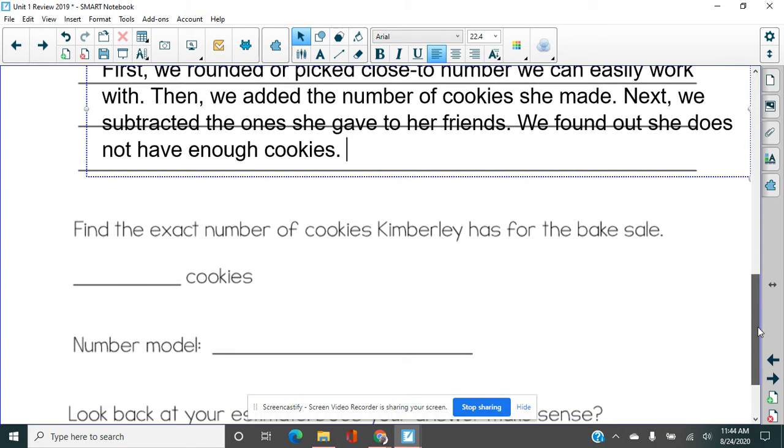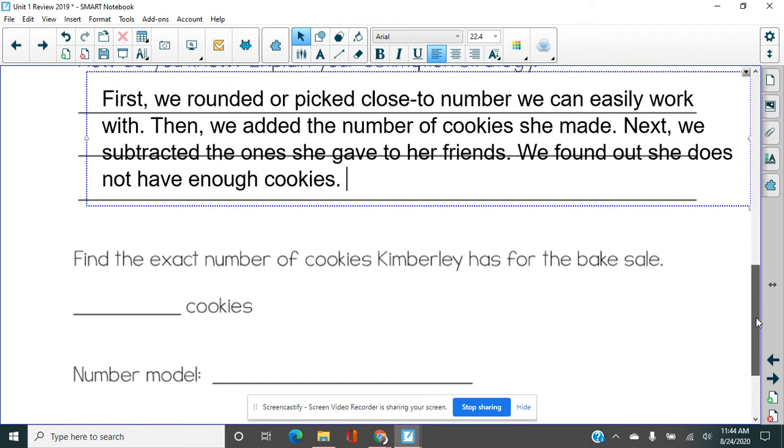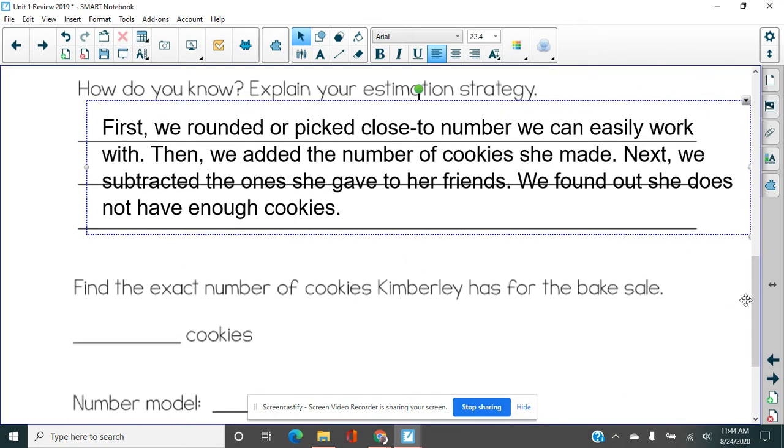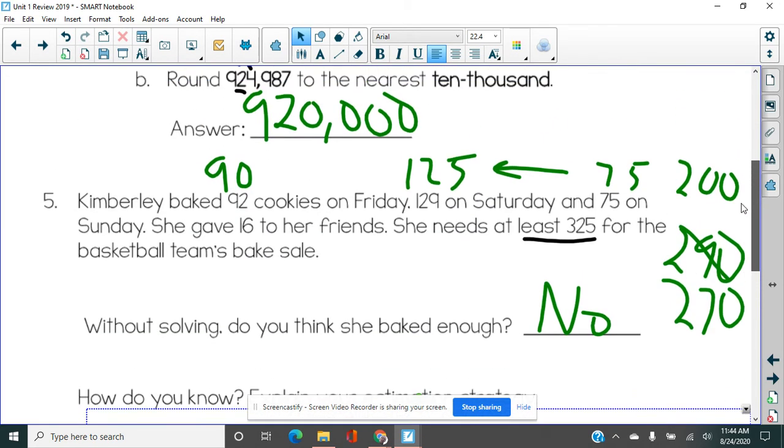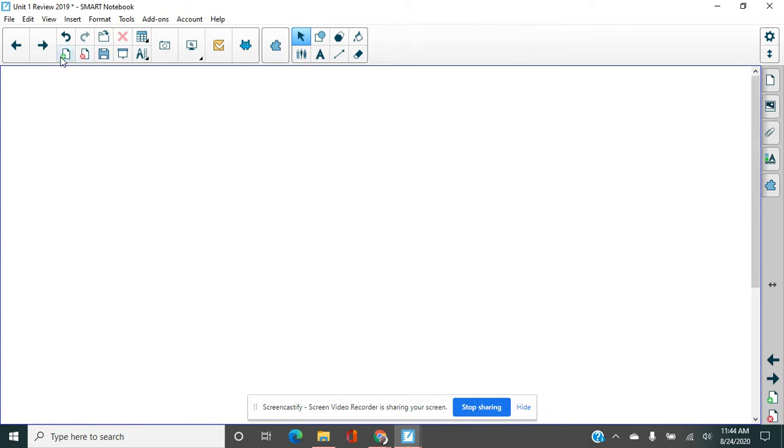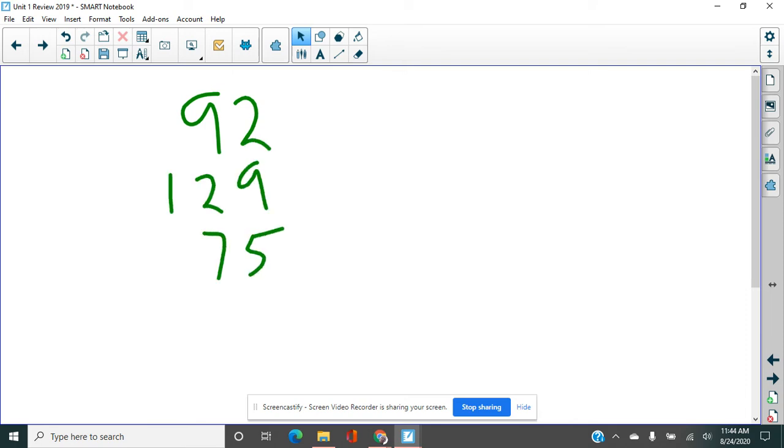Okay? If we're going to find the exact number of cookies that Kimberly has for the bake sale, now we're going to use the real numbers. So 92, 129, and 75. I'm going to add those up. You do it first.